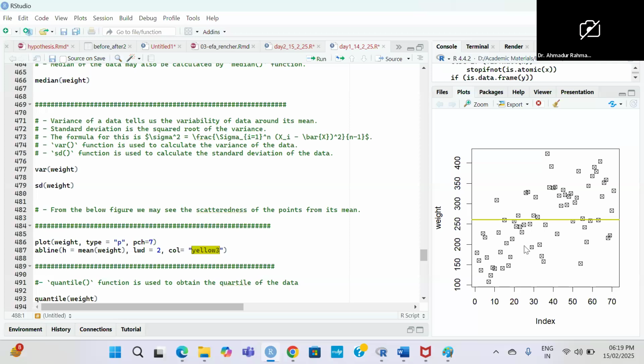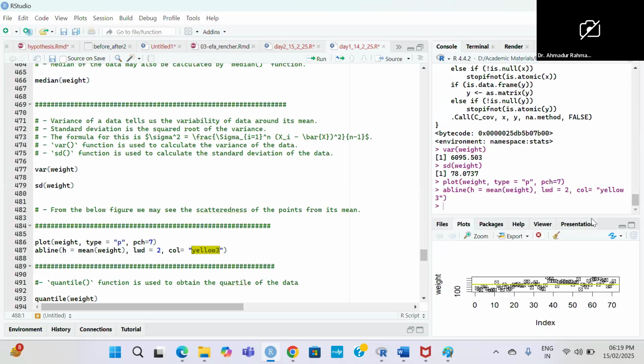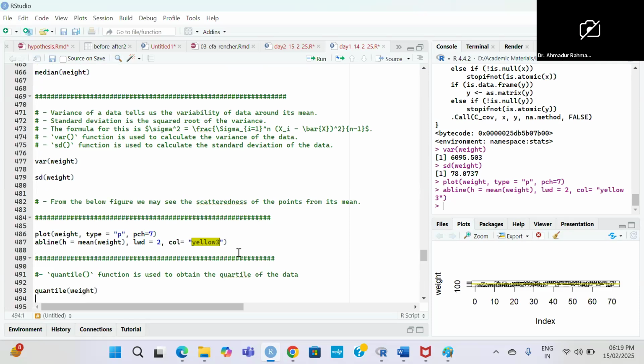That's why we have seen our standard deviation or our variance was high. Our variance is 6095. Why? Because this data was scattered too much. अगर वो बहुत close हो जाए, if the data are close to the mean, then this is small.